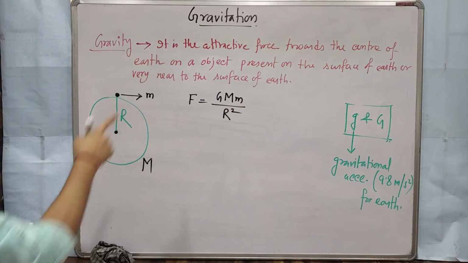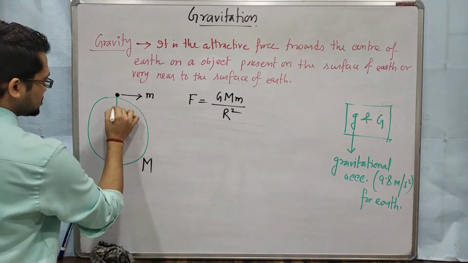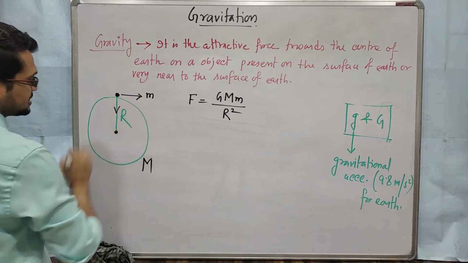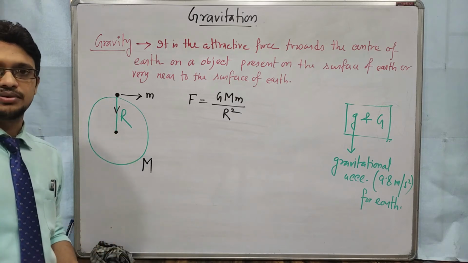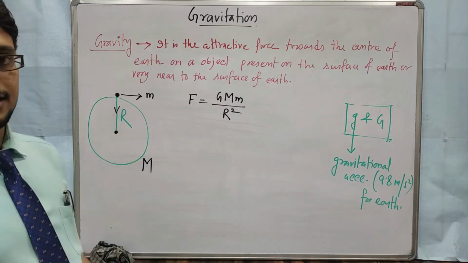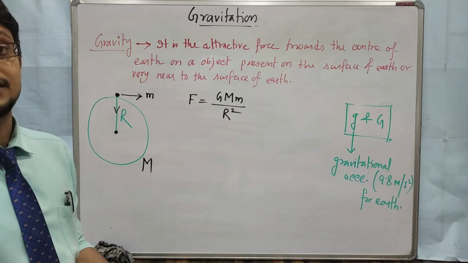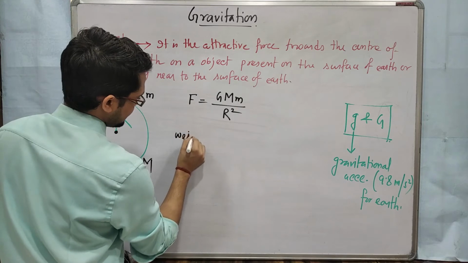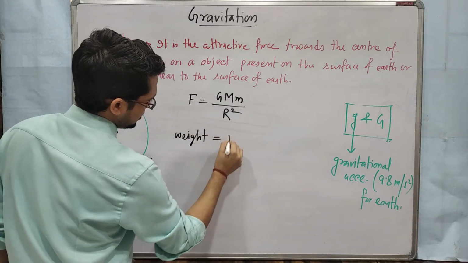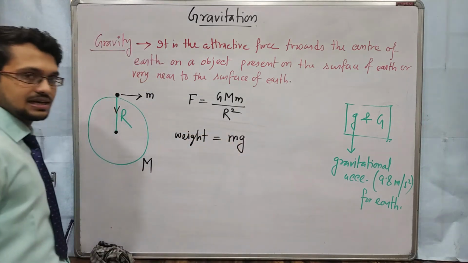This force is acting towards the center of the earth, and we know that the force by which any object is attracted towards the center of the earth is known as the weight of that object, and weight is written as mass into gravitational acceleration.